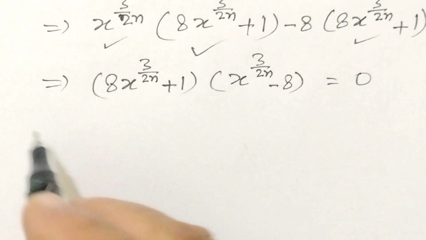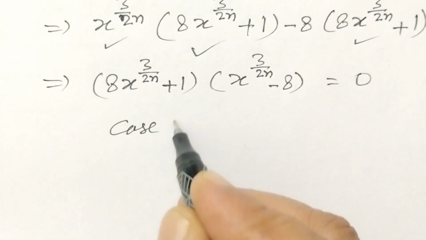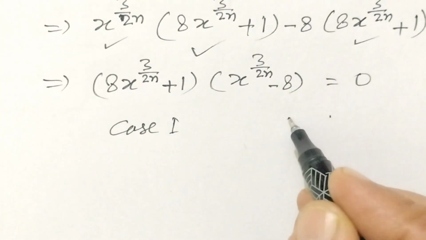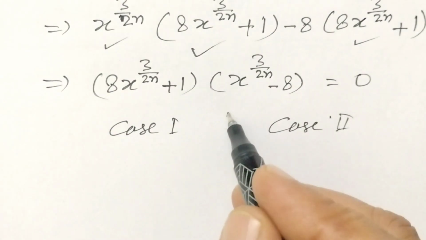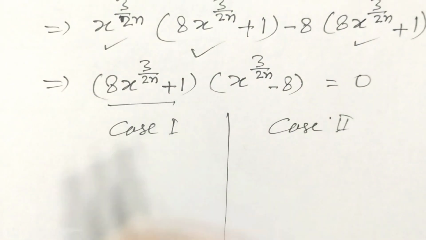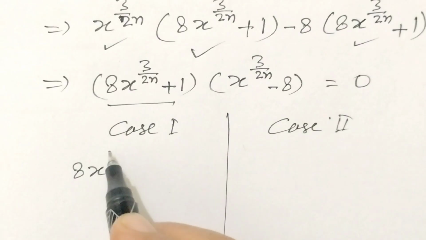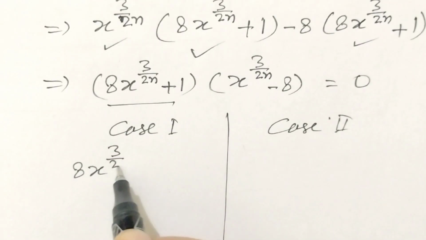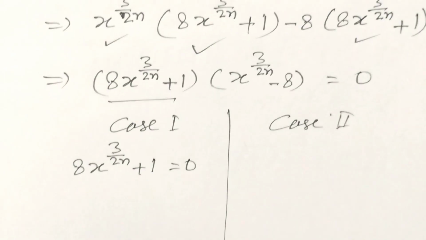Now we have two cases, case first and case second, right? So if we take this 8x^(3/2n) plus 1 is equal to 0, right?